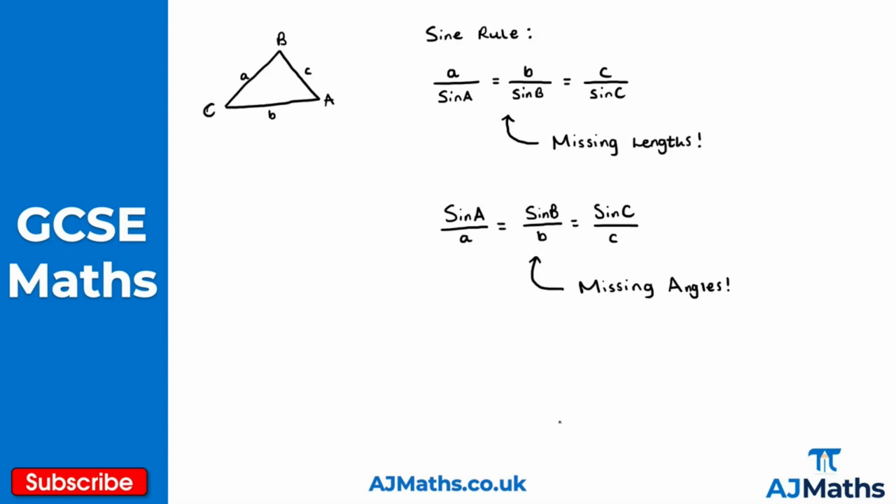Finally, we need to discuss when we use the sine rule. Use the sine rule if we have one of these two conditions. The first case is if we have two sides and one angle.